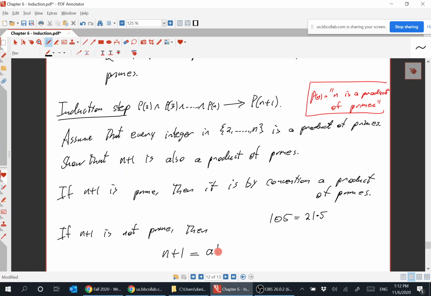Sorry, n plus 1 is a times b, where a and b fall into what set? Prime or not prime? But what set in particular on the page here that we're wondering about?